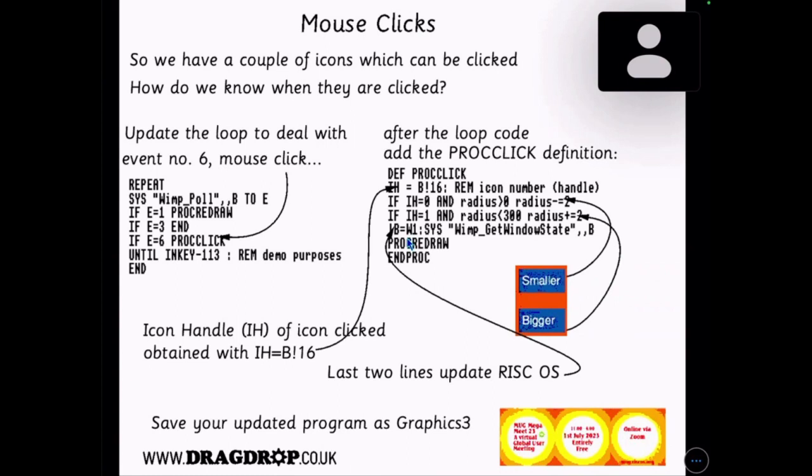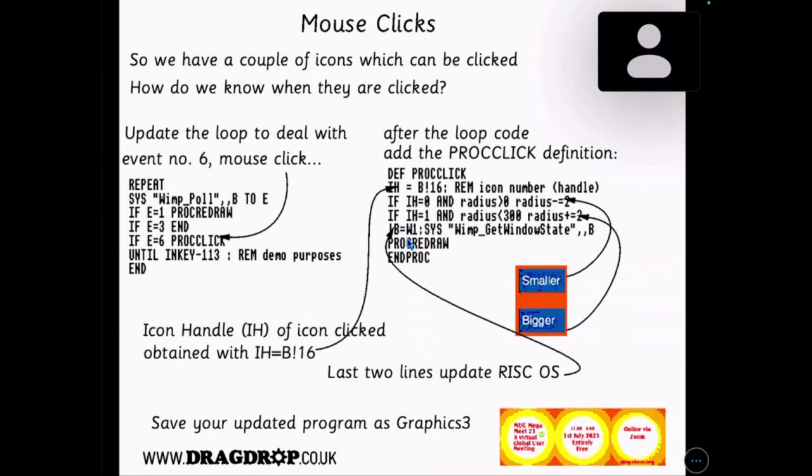It's not really a standard procedure because, depending on what the application does, the code that's needed is varied. So here we need to know about the icon handle, in other words, which icon was clicked on, and that bit of code there is basically telling RISC, can we have the number that's located at the 16th byte in the memory area B?